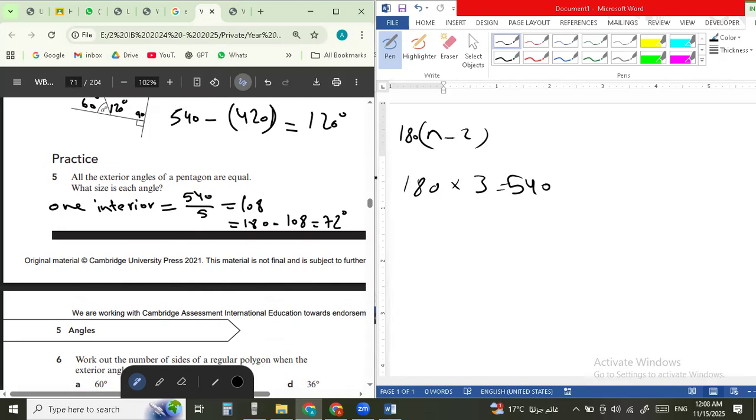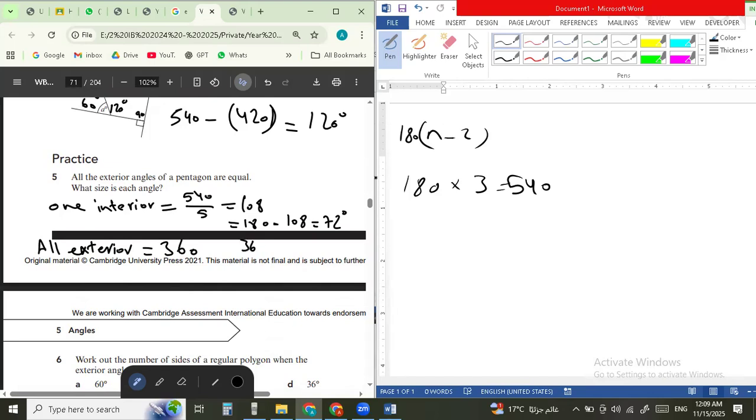Masari said that there is an easier way. Yes. Well, I know that the sum of all the exterior angles together adds up to 360. I have 5 exterior angles because that's a pentagon, and the 5 are equal.